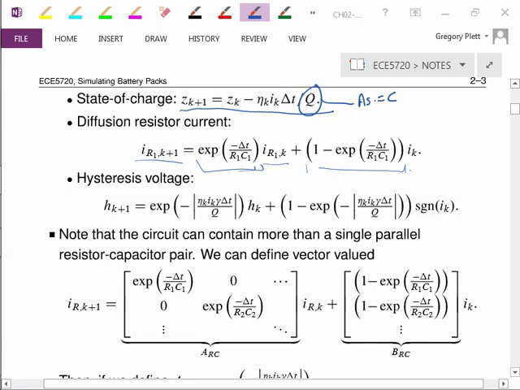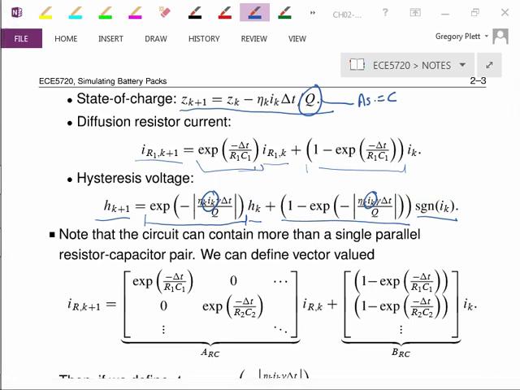Furthermore, we had a hysteresis equation which said that the new hysteresis was a hysteresis factor times the old hysteresis plus 1 minus the hysteresis factor times the sine of the input current. The hysteresis factor, notice, is a function of current, which makes this a nonlinear equation. It looks sort of linear, but it's not a linear equation at all.